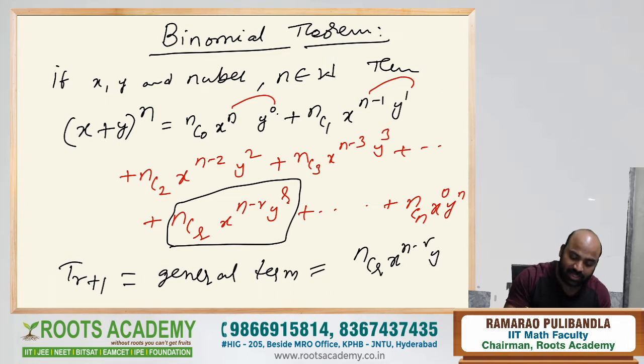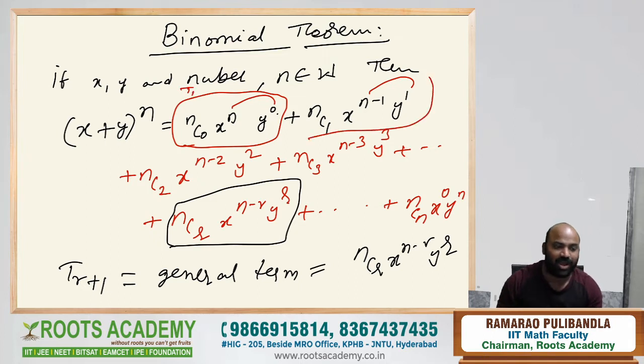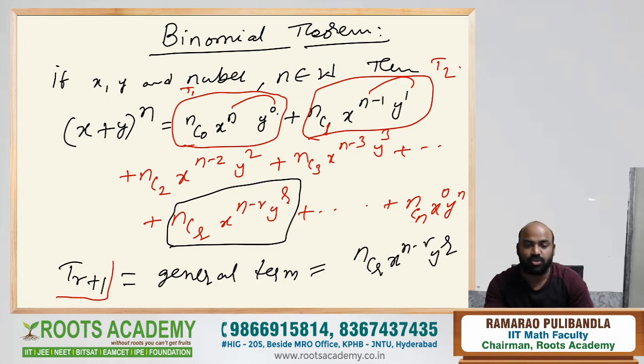So when r is there, we add 1 for the term number. Therefore the term is t(r plus 1), the general term, which is nCr into x^(n minus r) into y^r.